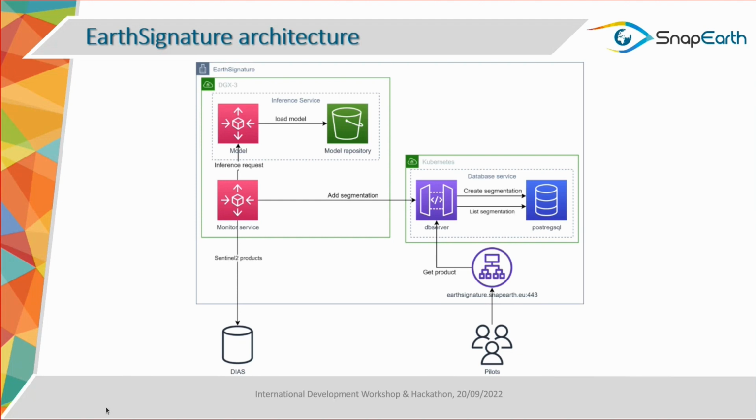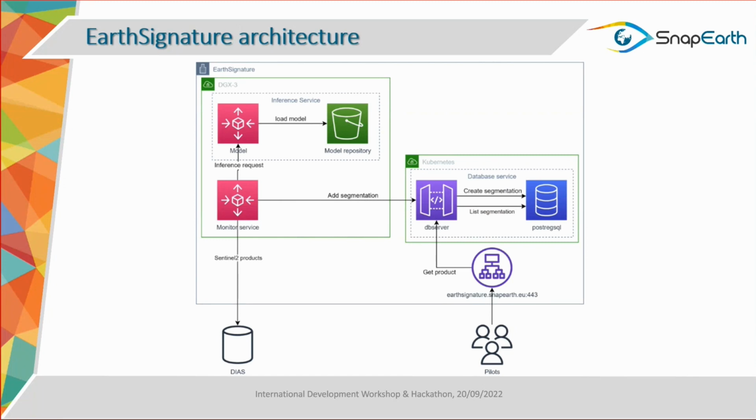So now I will talk more about the technical architecture. What you have to understand from this picture is basically that the left square is the part processing data from a cloud provider, which is named DIAS.